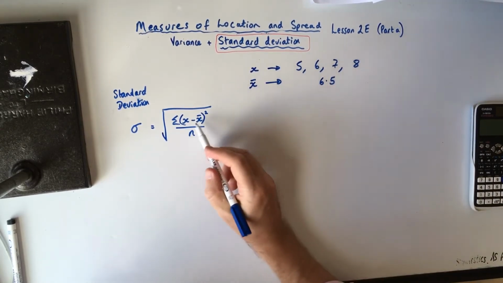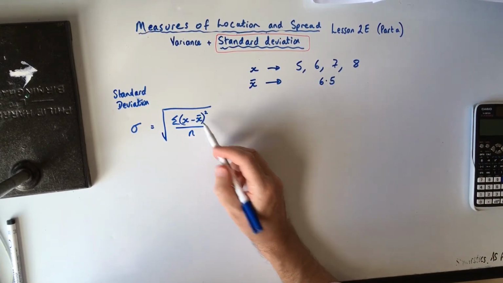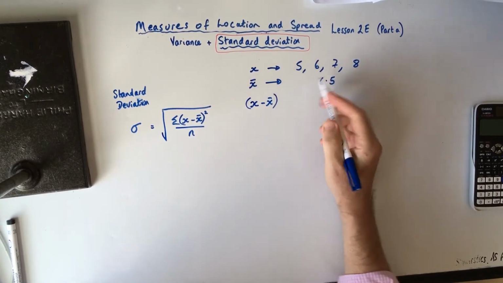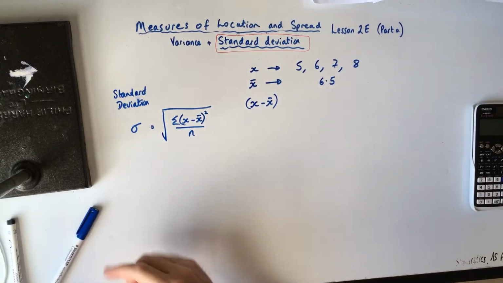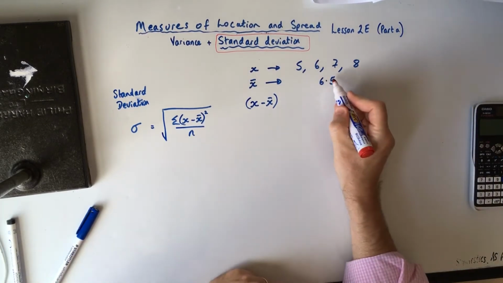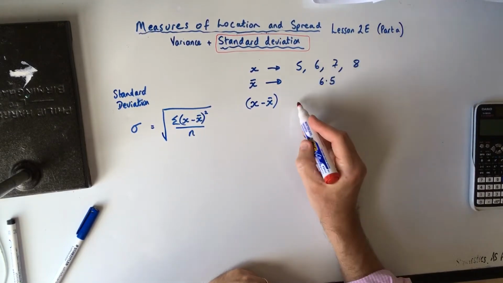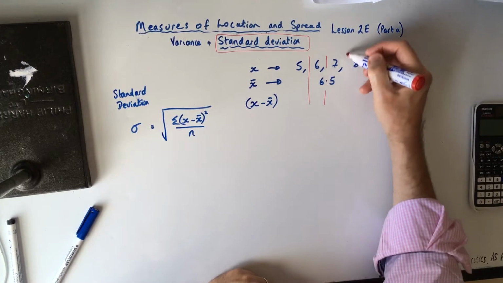So for the difference between the numbers, x minus x bar, let's work that out for each one, bearing in mind that the mean is 6.5. I'm doing it in a table here.